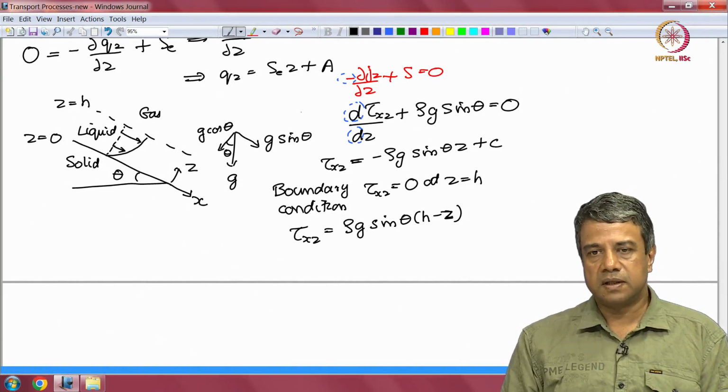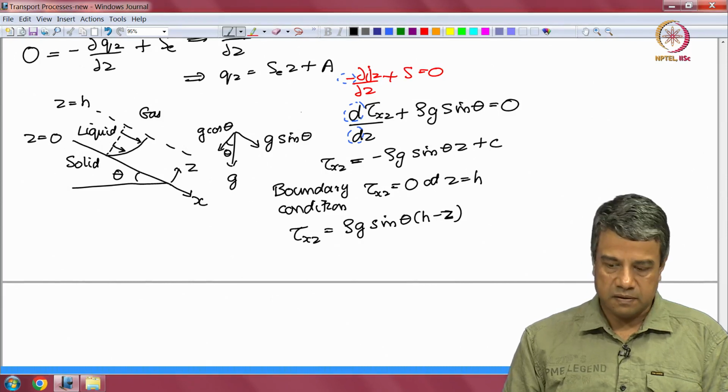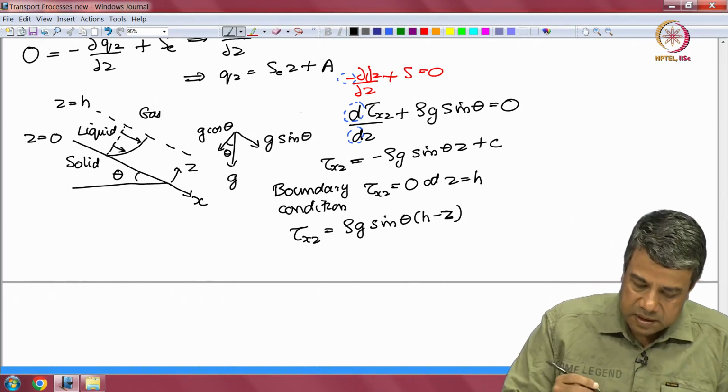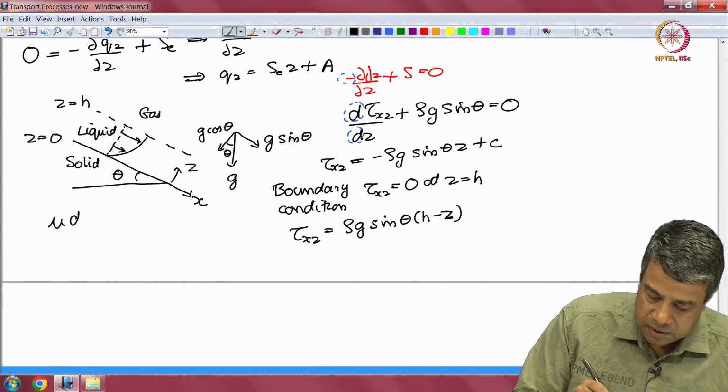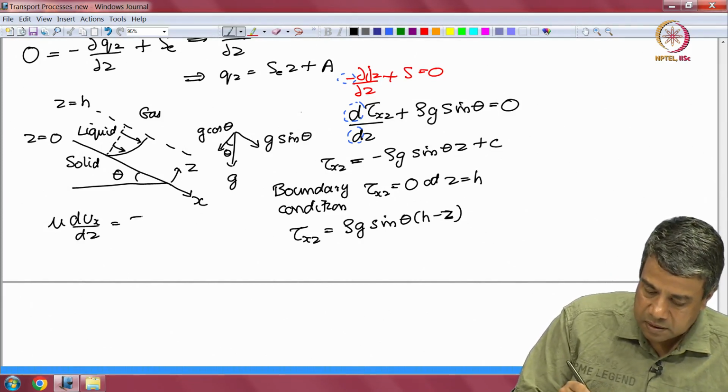That will be calculated from the Newton's law of viscosity, which is that mu dvx by dz is equal to tau x z.